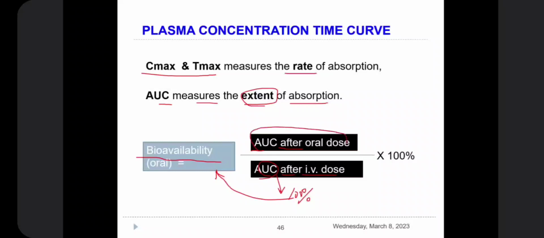And this represents the administered dose, the dose in the body. So you can see we can use this equation instead of the premise.